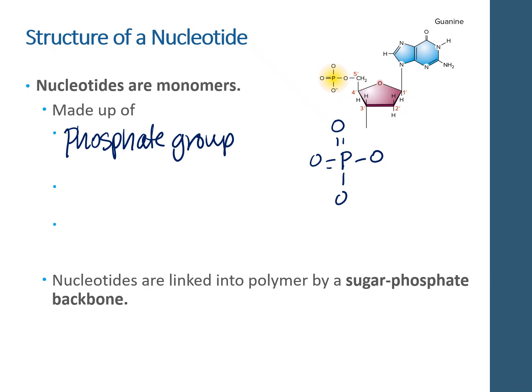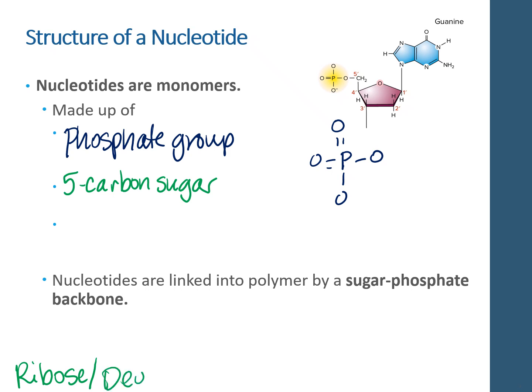Our monomers also contain a 5-carbon sugar, either ribose for RNA or deoxyribose for DNA.